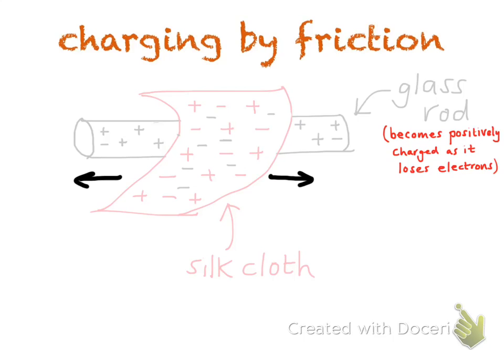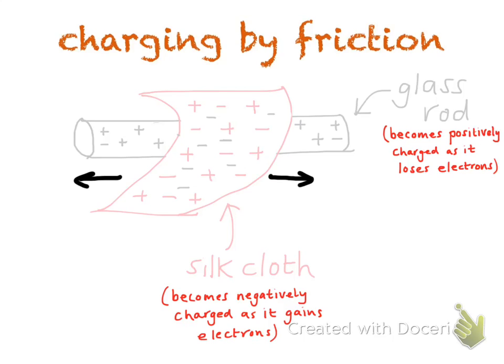The silk cloth has more electrons than protons, and so it becomes negatively charged because it's gained electrons. And so that's how one charges objects by friction.